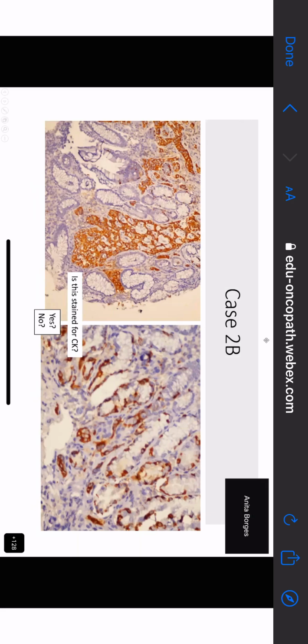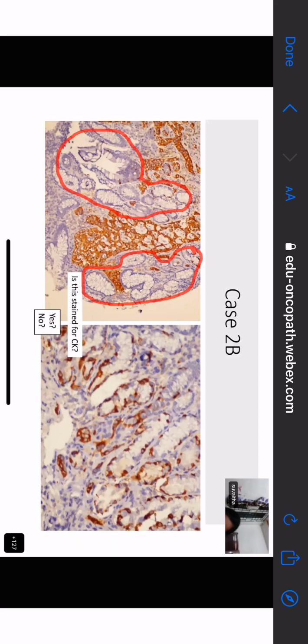Do you see the epithelium at all, folks? This is all epithelium. Do you agree, Suveta, that this is epithelium? Yes, ma'am. What does cytokeratin stain? Epithelial cells. And is this positive or negative? It's negative, ma'am. Negative. So this is not a cytokeratin stain.